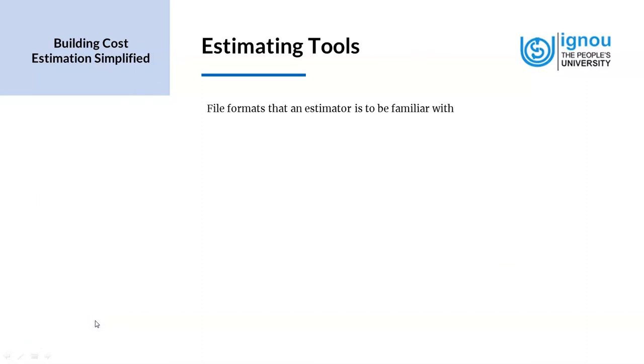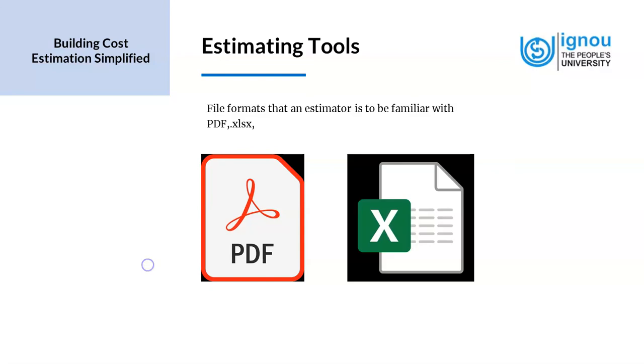Some of the other estimating tools that we use: the file formats that an estimator is to be familiar with. We normally use PDF or XLS formats. PDF stands for Portable Document Format, and it is very universal. It can work across platforms, and it is a format which prevents editing of the source format.